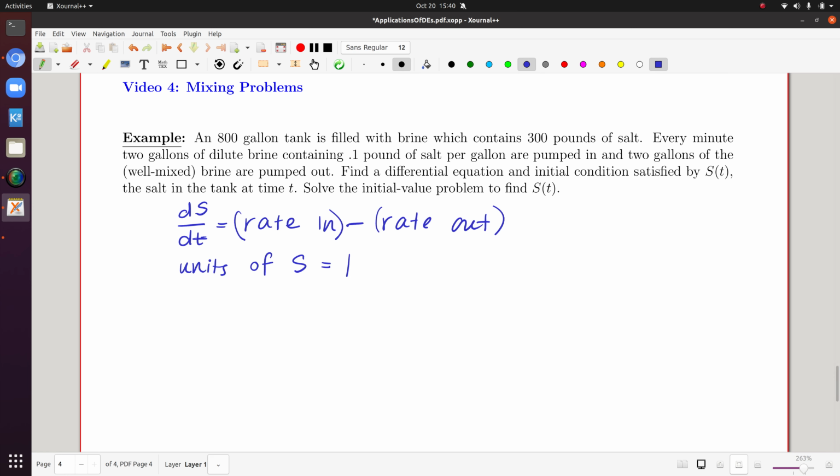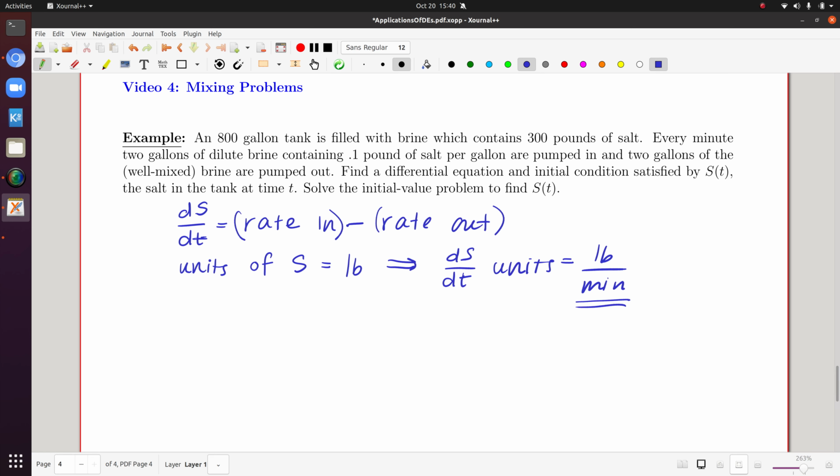Then because we're dealing with time being measured in minutes, dS/dt units should be pounds per minute. So when I'm setting up my rates here, they need to have these units, pounds per minute.